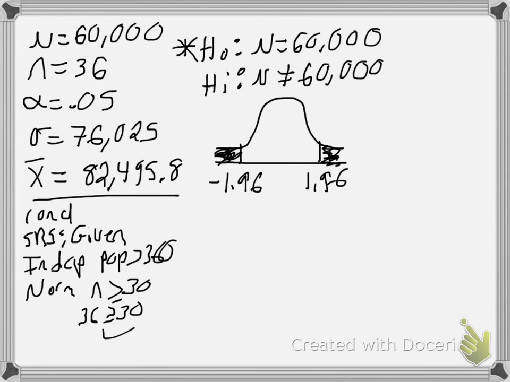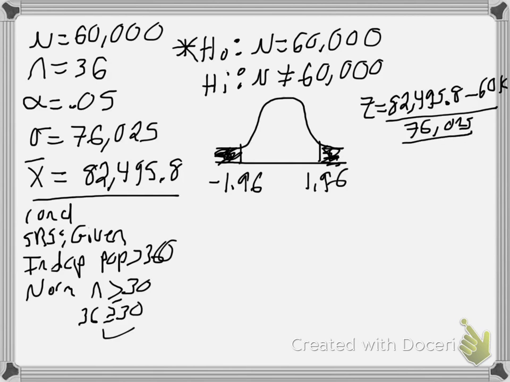Okay, let's get our z-score. Observed, that was our x bar, so that's our 82,495.8 minus the 60K all over sigma of 76,000 divided by the square root of 36.